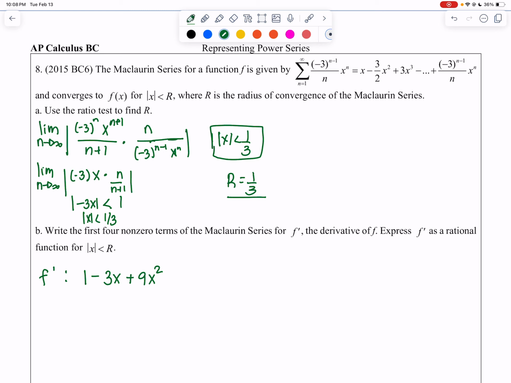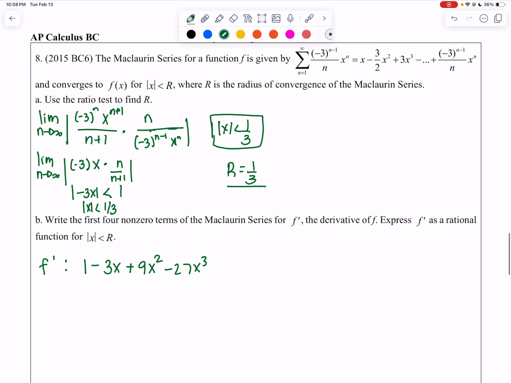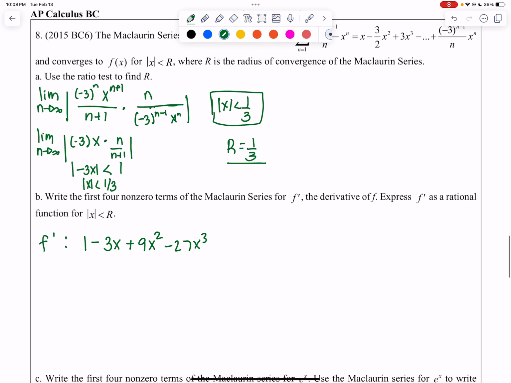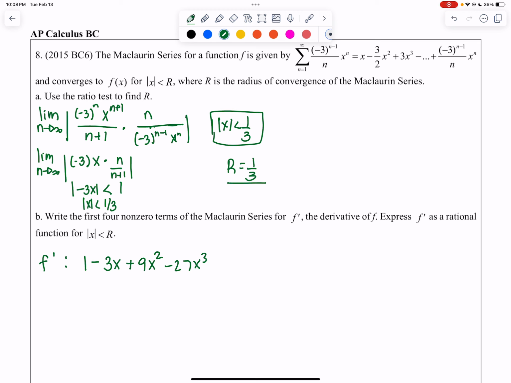Plus something. Well, if I'm looking at my pattern, I'm multiplying by -3x. So if I multiply by -3x, that's going to be -27x to the 3rd power. Now, I know it doesn't tell us to write the general term, but I'm going to do it anyways so that you could see what's happening here.